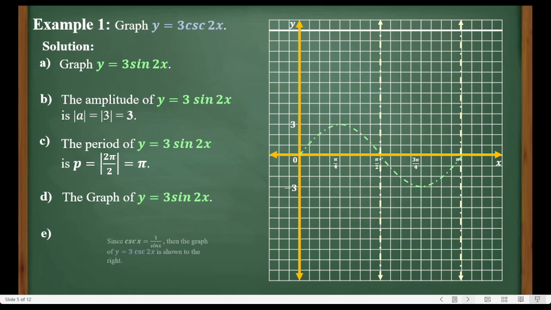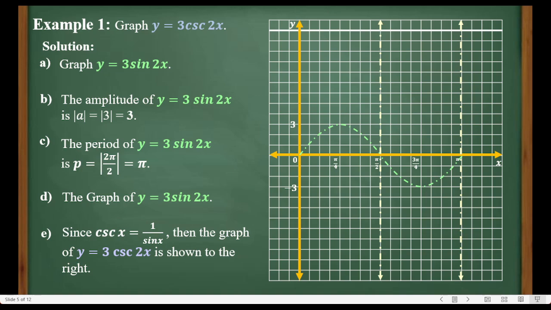And then, since cosecant of x is 1 over sine of x, the graph of y equals 3 cosecant of 2x is shown to the right. And you will notice that this curve will just approach this broken vertical line, but this curve can never touch the vertical lines.